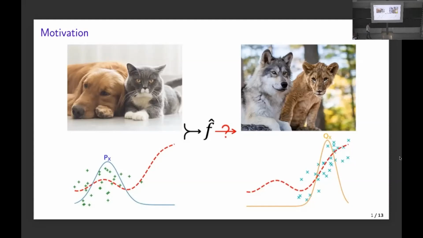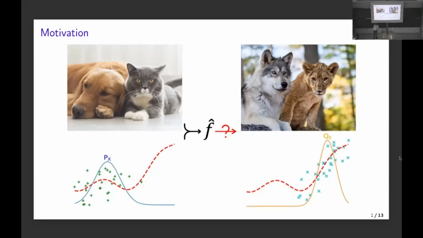Say that later you have the idea to do the same kind of research, but this time on a population of lions and wolves. And so the standard statistician would just sample again characteristics of lions and wolves and do basically the same steps as before.